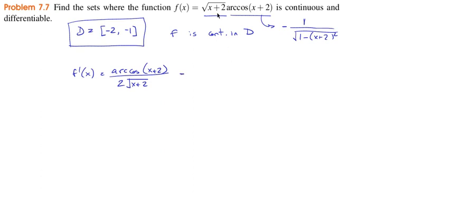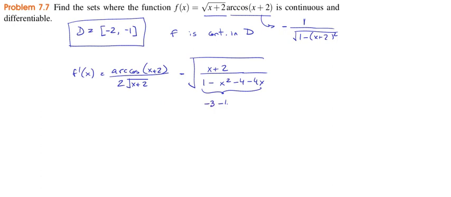So we have minus, and then times the square root of x plus 2 here, so we can write everything in the same square root: x plus 2, and then we have 1 minus x squared minus 4 minus 4x, or in other words, this is minus 3 minus 4x minus x squared, right?